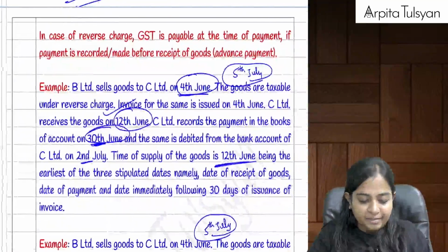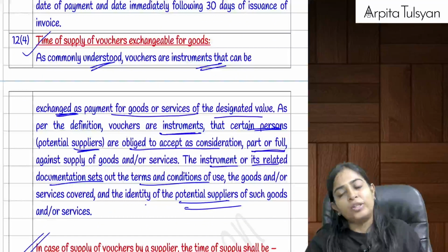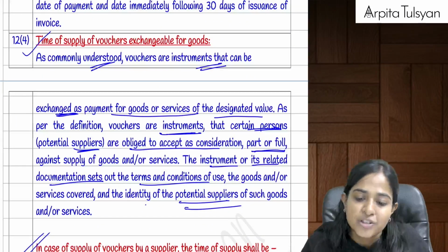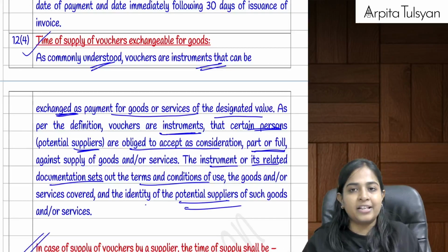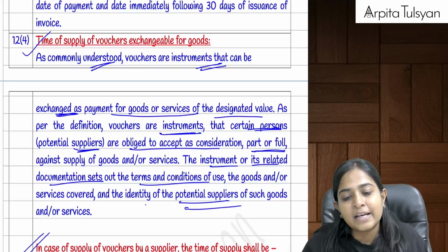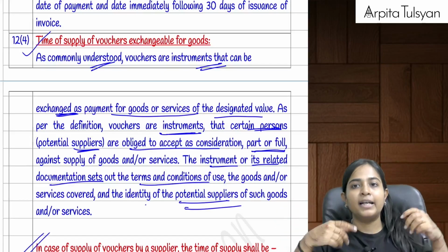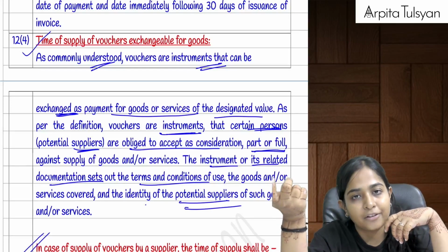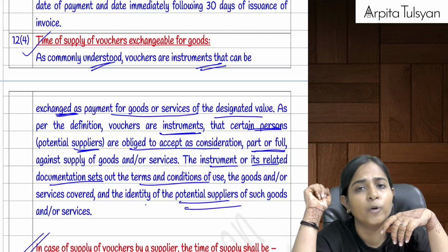Now, as you can see here in the textbook, all your examples are coming up. Let's go to the next one, section 12, subsection 4, which talks about the time of supply of vouchers which are exchangeable for goods. Let's say a particular company is issuing food vouchers to a company so that the company can give them to its employees.